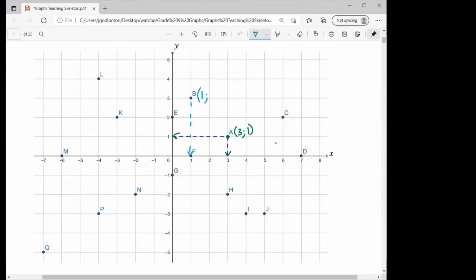And then I'd look at my y value, and my y value is 3. So the coordinates of B would be 1 and 3. Does that make a bit more sense? Let me know if you still don't understand, if you're needing a little bit more help. All I'm wanting here are the coordinates of these different letters that you can see on the screen.